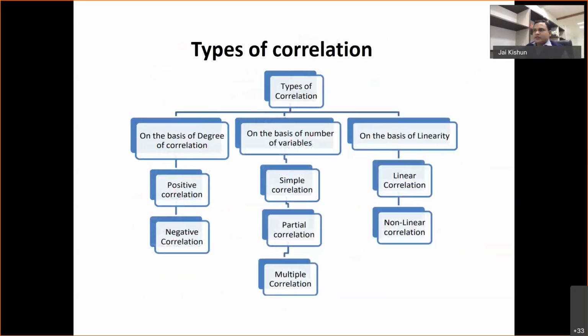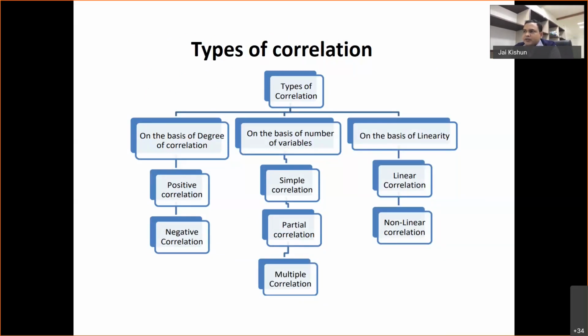Now coming to the types of correlation. Basically, the types of correlation are divided on the basis of the degree of correlation, or on the basis of the number of variables, or on the basis of linearity. On the basis of degree, we divide it into two parts, positive or negative correlation.